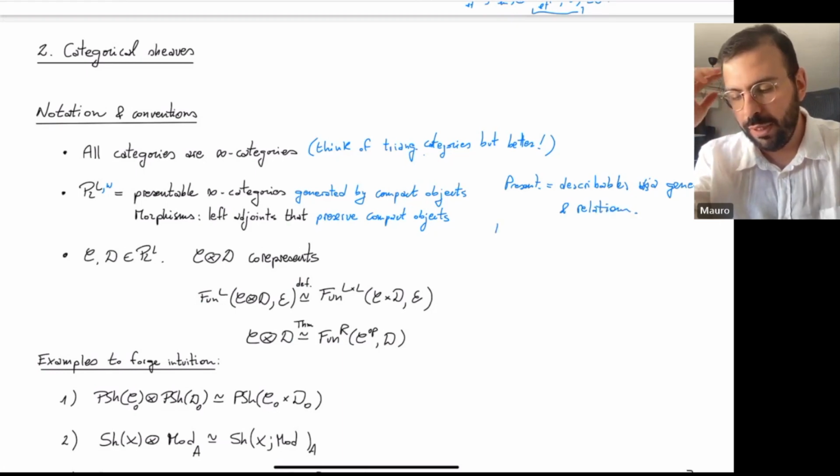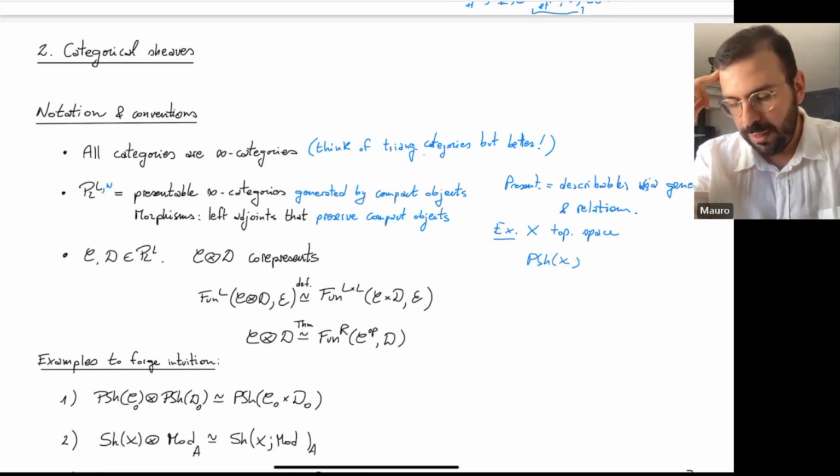So let me give an explicit example. You take some topological space X and you look at pre-sheaves on X and you look at sheaves on X.